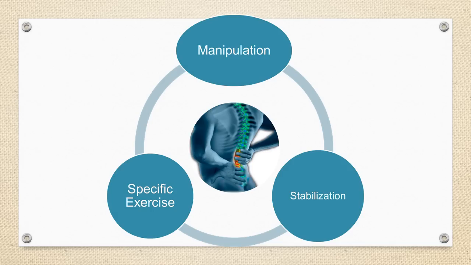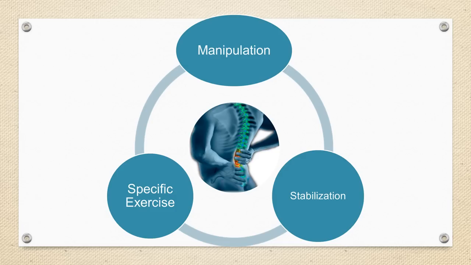The randomization was also performed by a third party, and the patients were assigned to a manipulation group, a stabilization group, or a specific exercise group. The manipulation group performed one of 2 specific manipulation treatments. One was in supine or one was in sidelying.